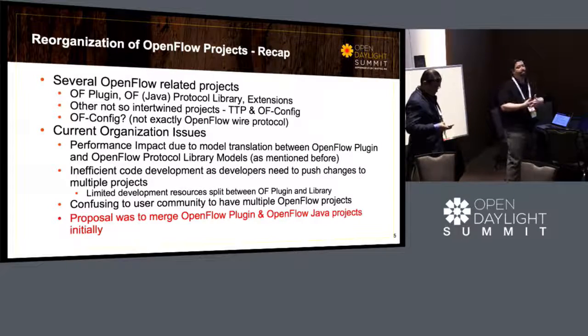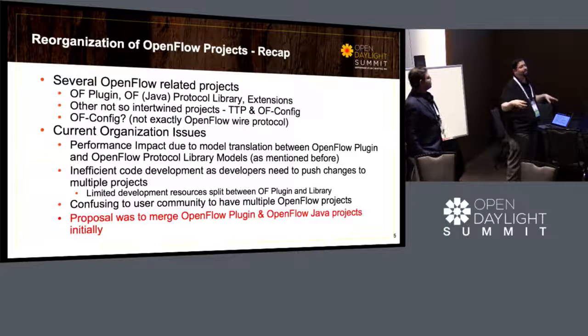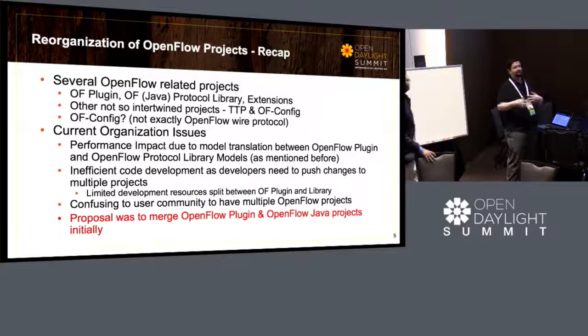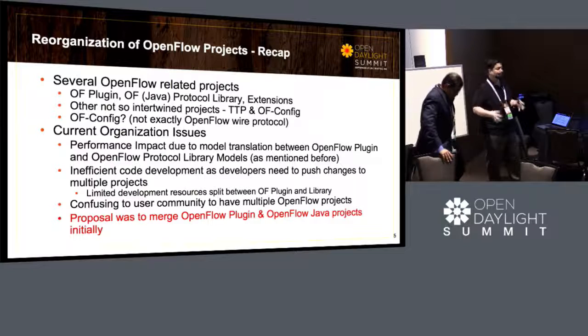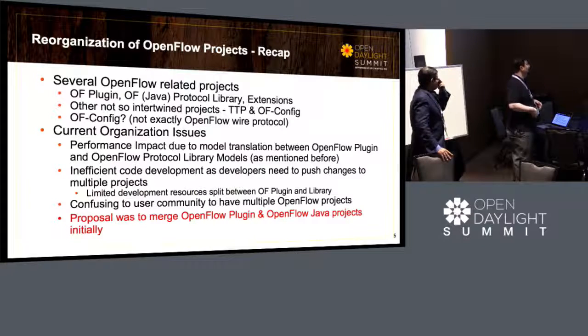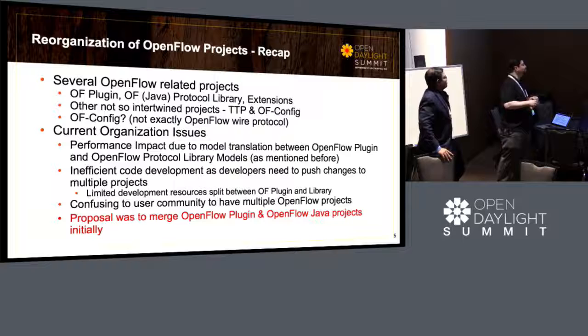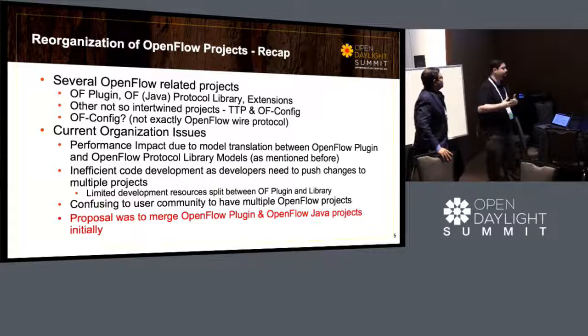So let's say if we have to do an update for OpenFlow 1.5, we would need to push it to two different places, and that would slow down development. The proposal hence was that we should consider merging, at least to begin with, the two projects, OpenFlow plugin and the OpenFlow Java library.